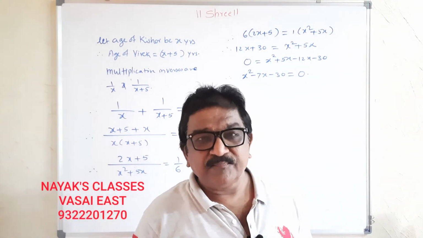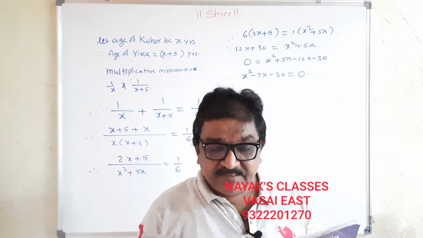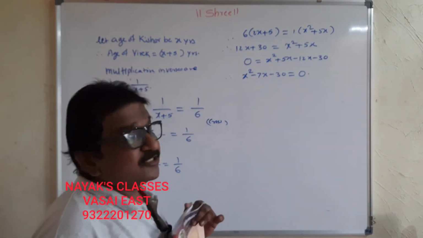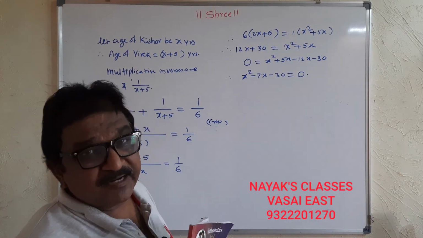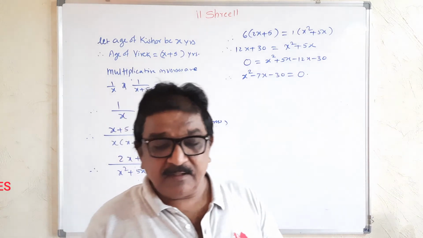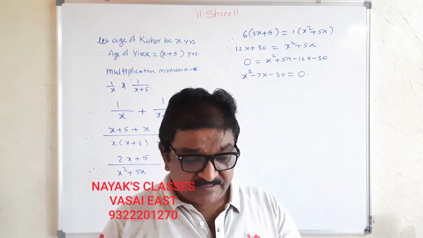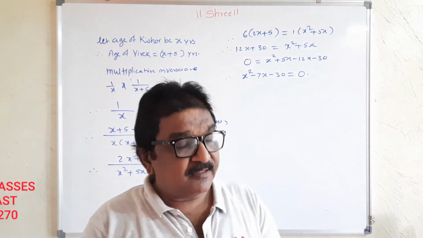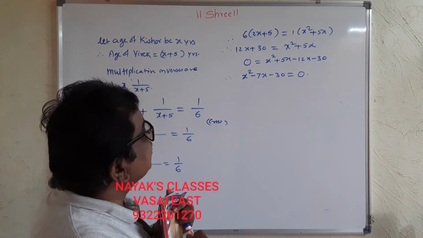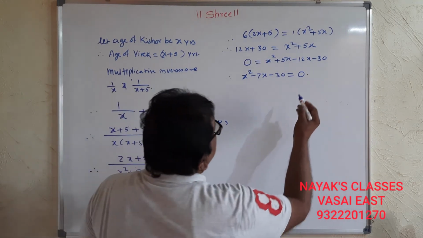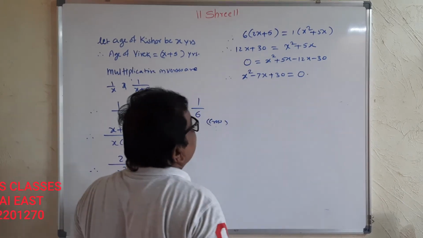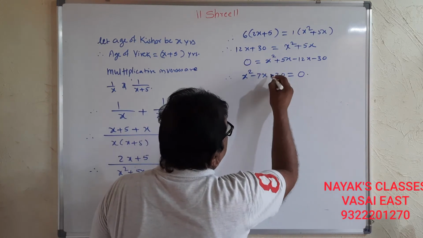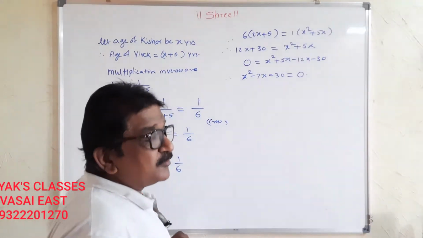Now we need two numbers in such a way that the sum must be minus 7 and the product must be minus 30.